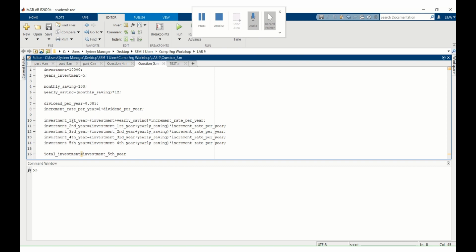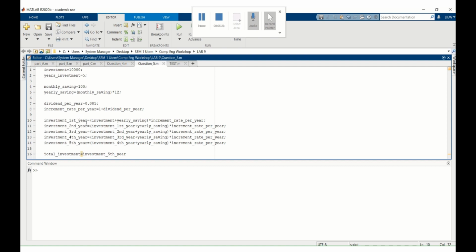So the first year investment money is the initial investment plus the yearly saving, times the increment rate per year. That is for the first year investment. So in this line we can get the total amount of investment Afika gets.